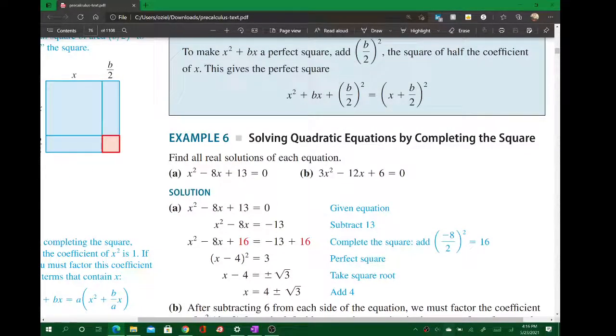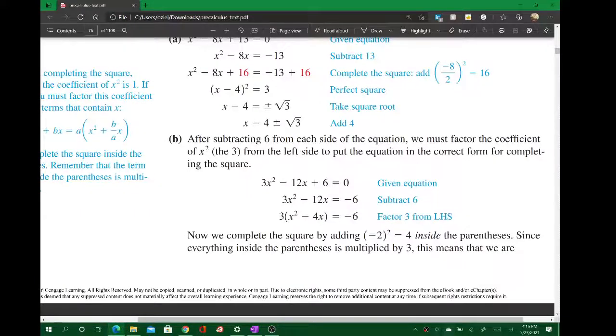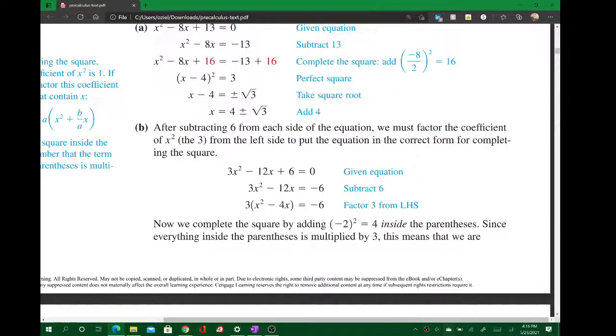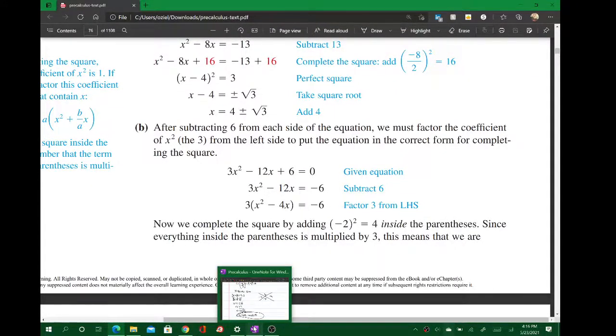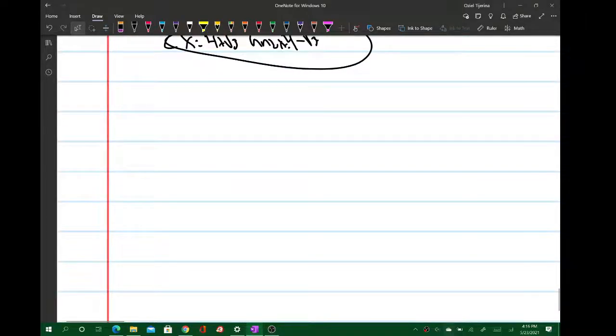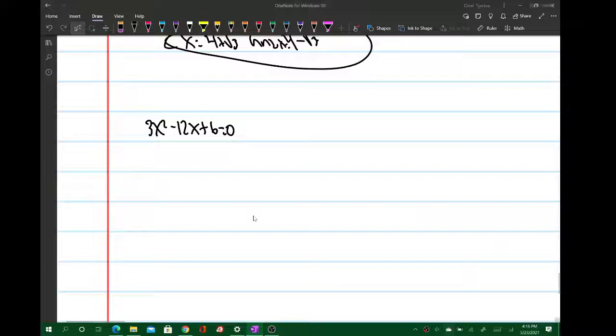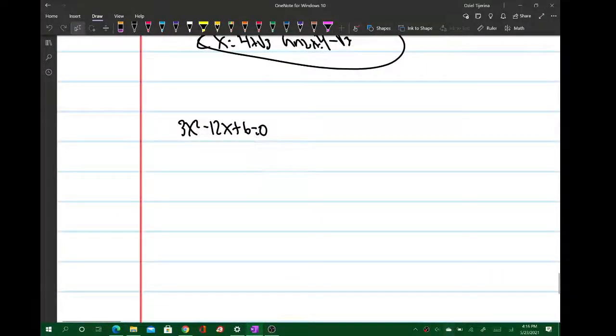And then similarly, you can do that for the other equation here. Okay, so let me go ahead and do this one: 3x squared minus 12x plus 6 equals 0. You have 2 ways to do this.